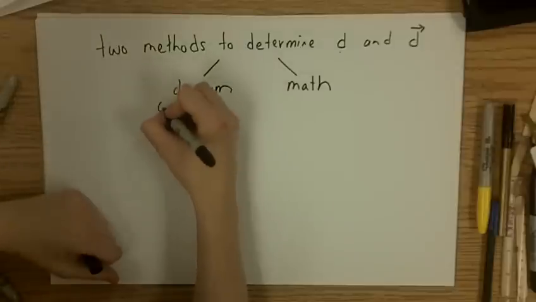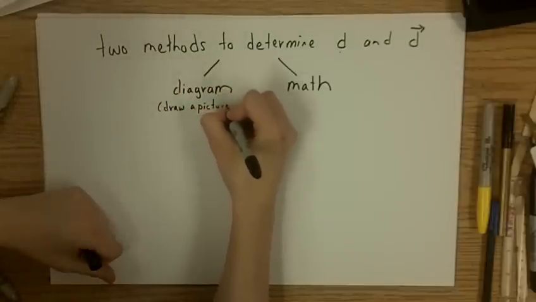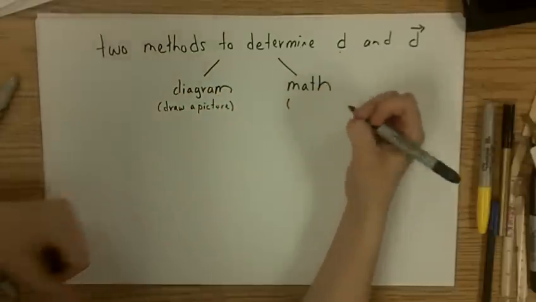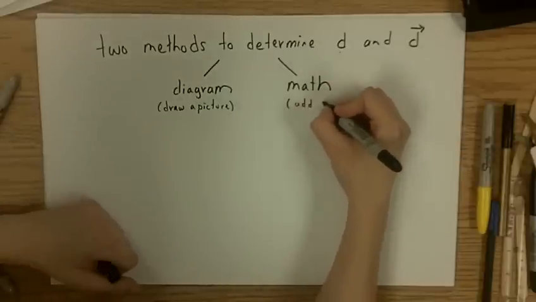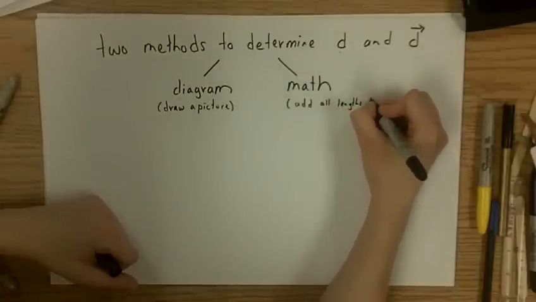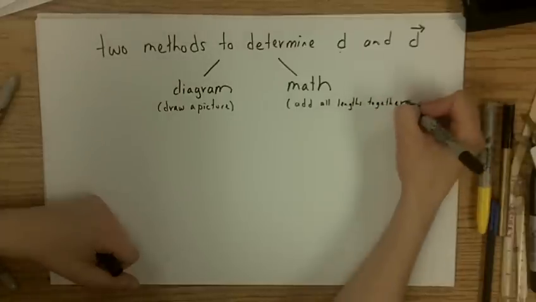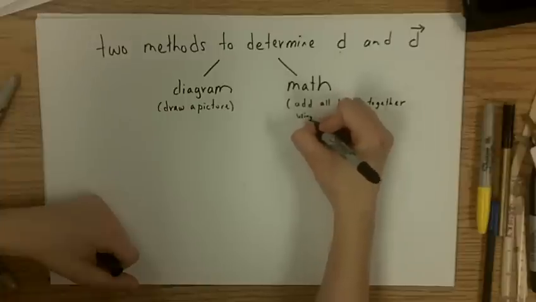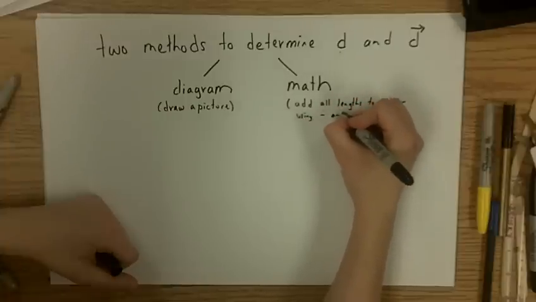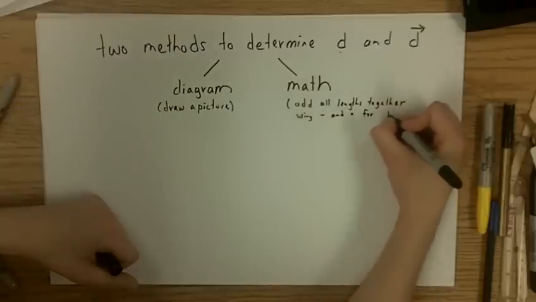In the diagram method, we draw a picture. In the math method, we add all lengths together using negatives and pluses for displacement.